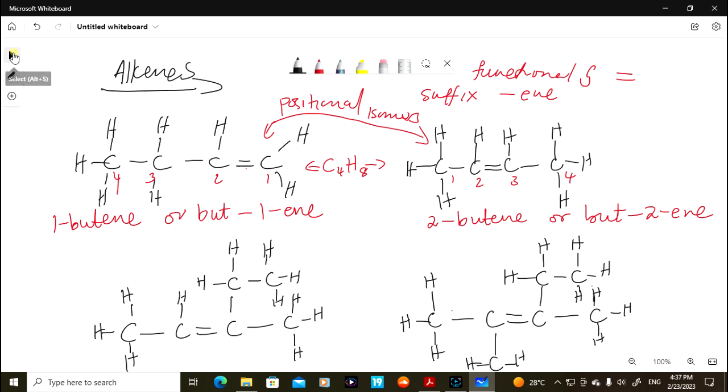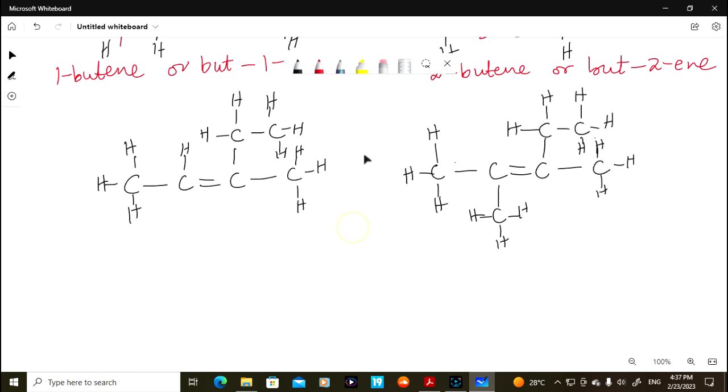Okay, let's go to the last two. So now, what's the name of this one? Let's check the number of carbons. If I check from this one, I have 1, 2, 3, 4, and then 1, 2, 3, 4, 5.